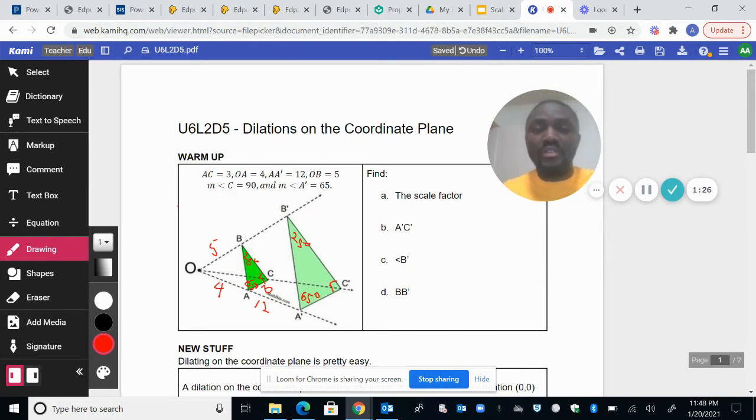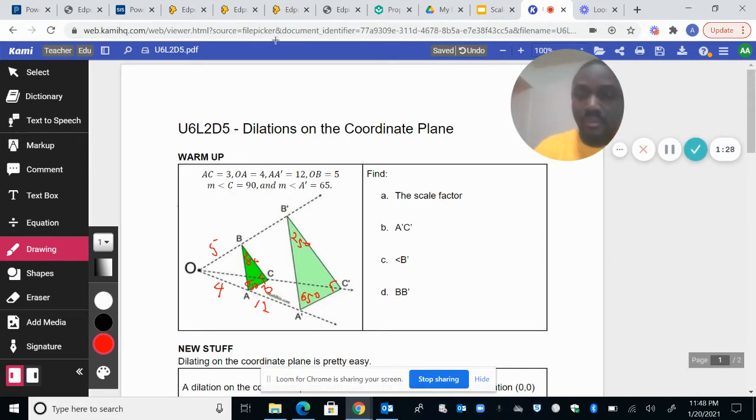So how do we find the scale factor? We know scale factor is always image over pre-image. So we're going to find the distance OA prime. OA prime is the sum of OA and AA prime, so 4 plus 12, which is 16.